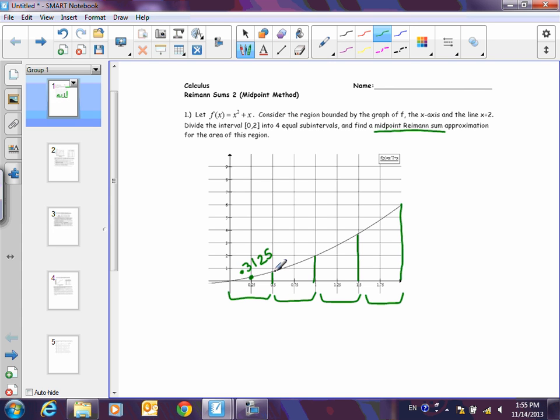If you average 0 and 0.75, you would get something close to this, but not exactly. Sorry, 0.5. No, 0.5 is the x, but I'm talking about the y. Oh yeah, that was 0.5.